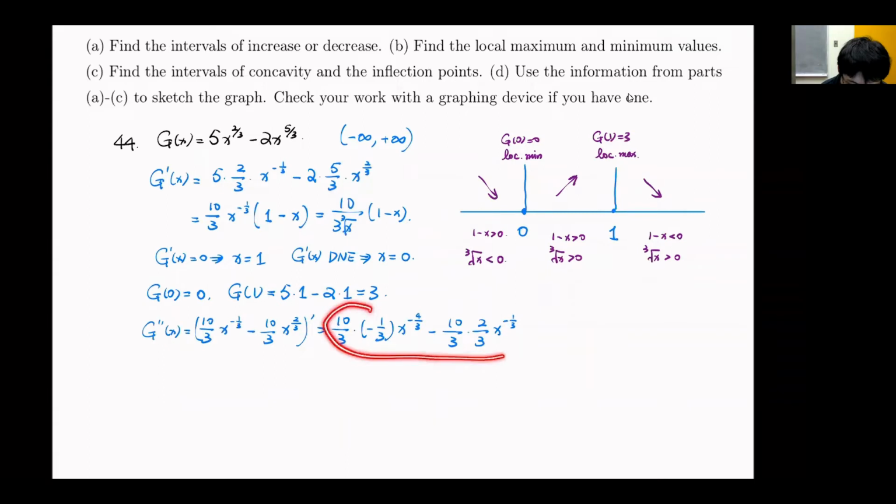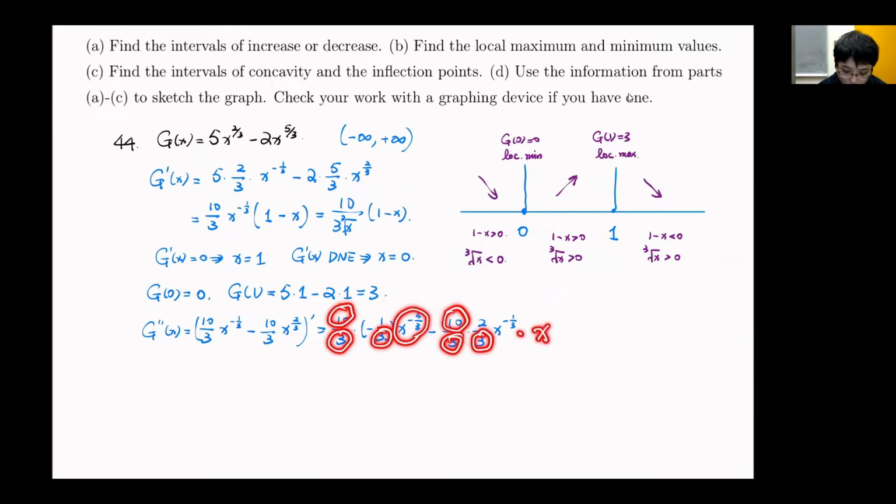Okay, to simplify this expression, let me perform factorization. So obviously 10 is a common factor, and the 2 copies of 3 in the denominator will also be a common factor. And moreover, I think the most negative power of x is going to be a common factor. So I will need to get the x to the positive 4 over 3 times x to the negative 4 over 3. So this way, these common factors are out. Okay, let's see what remains.